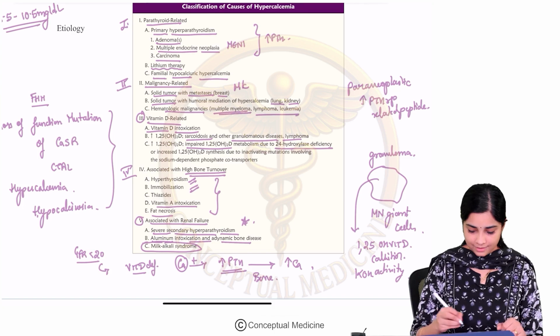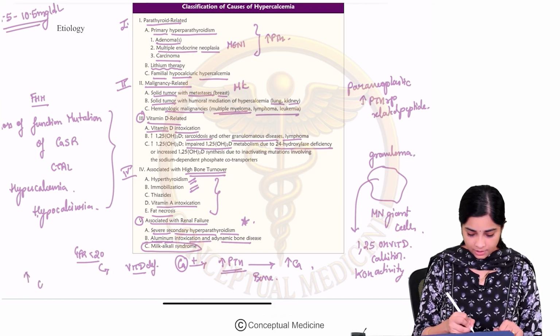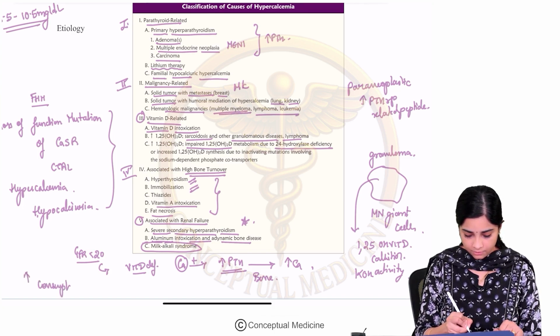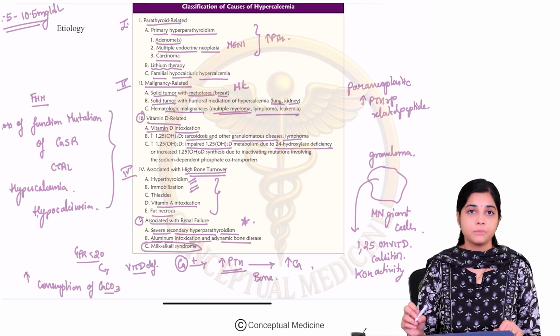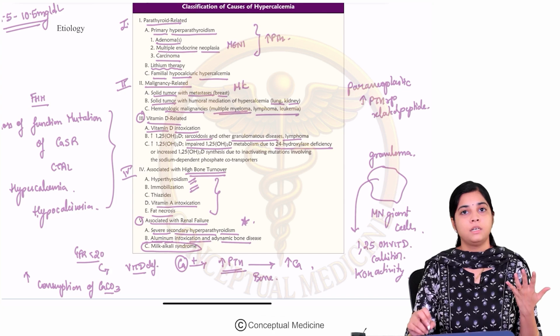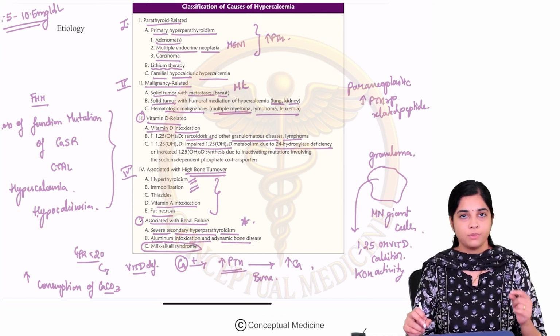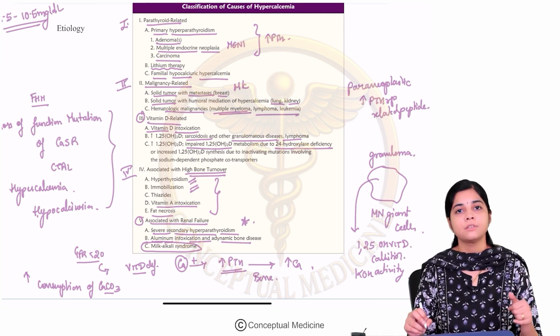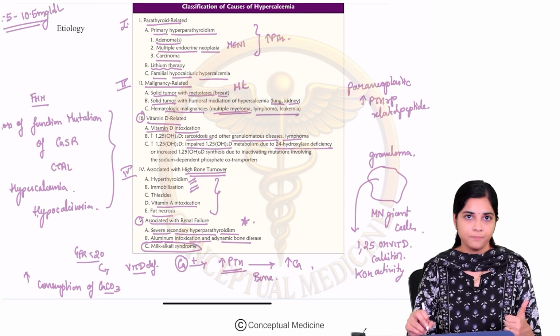Another important syndrome is milk alkali syndrome. Milk alkali syndrome basically occurs due to increased consumption of calcium carbonate, which was seen in the prior variants of antacids. So excessive consumption of calcium carbonate causes hypercalcemia.